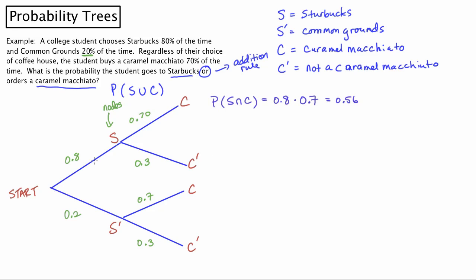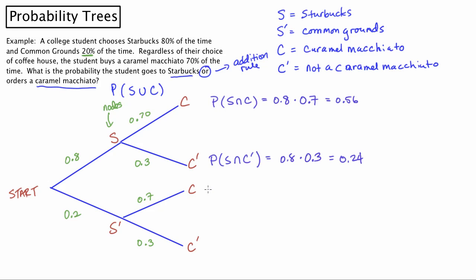Here we would have S, then not C. So it would be S and no caramel macchiato. It would be 0.8 times 0.3. Remember, we're multiplying down the branches, for a total of 0.24, that's a 24% chance that that outcome occurs.